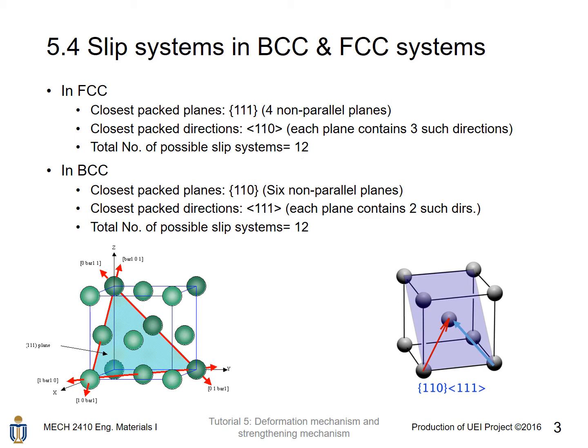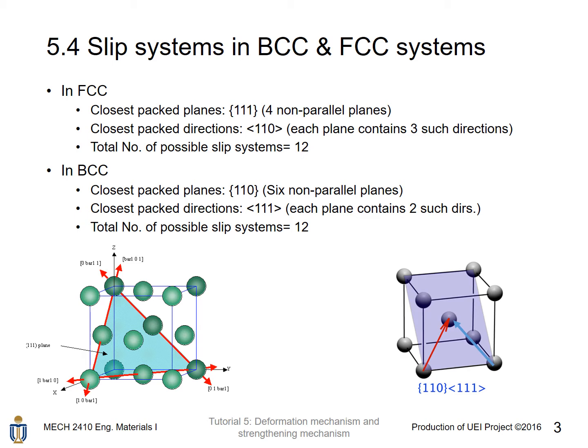Slip systems in body centered cubic and face centered cubic systems. In face centered cubic, FCC, the closest packed planes are {1,1,1}, and each unit cell contains 4 planes within the {1,1,1} family of planes, which are non-parallel.